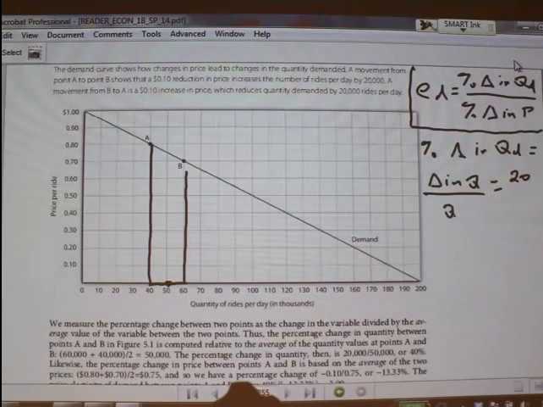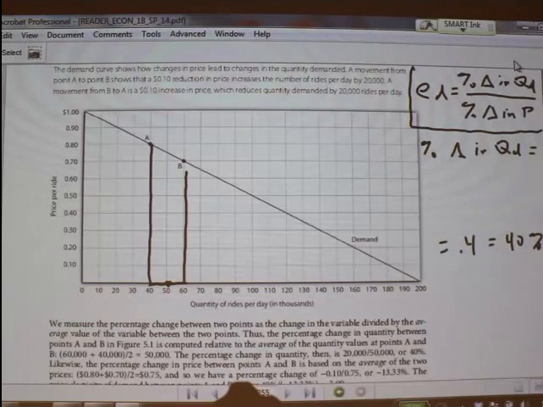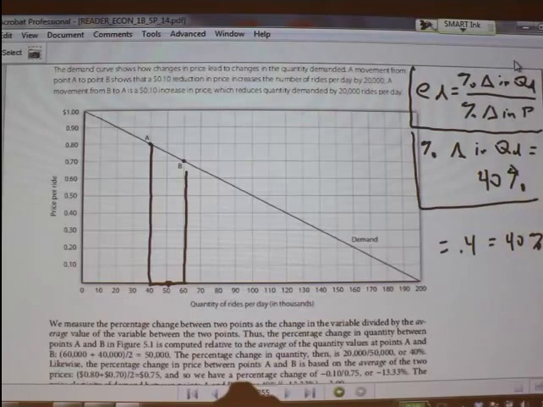So Q bar denotes Q average, and that's 50. So this equals 0.4. And if we want to turn this into a percent, we know that that is 40%. Let's keep that over here for reference later. And now we'll calculate percentage change in price.